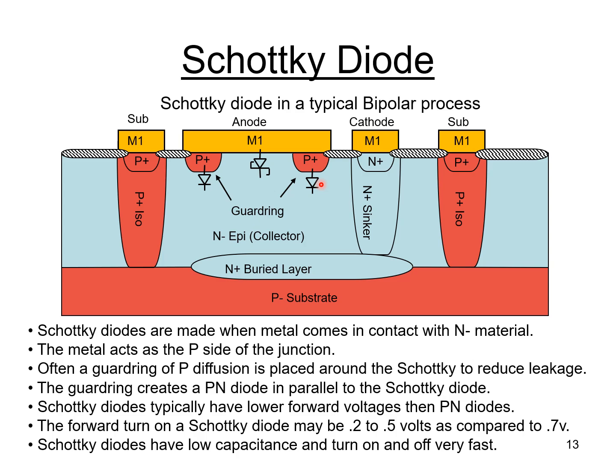So basically the Schottky diode is going to turn on first before the PN diode. Schottky diodes have low capacitance because there's not much of a depletion region here. You're going right up against metal, and they have very fast turn on and turn off times.